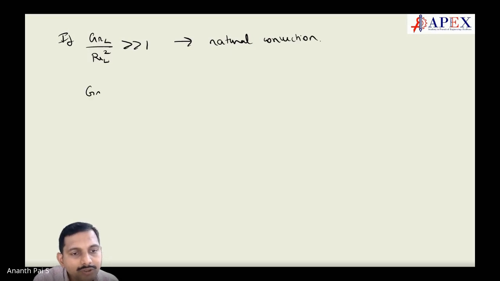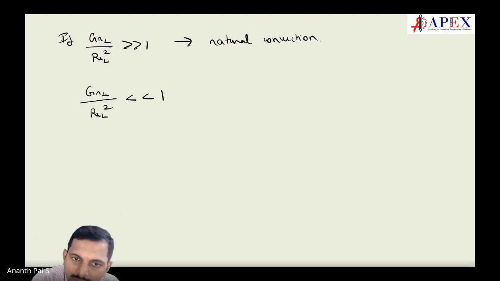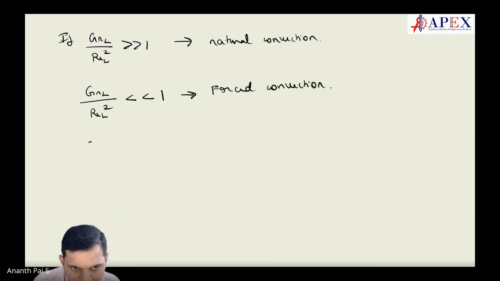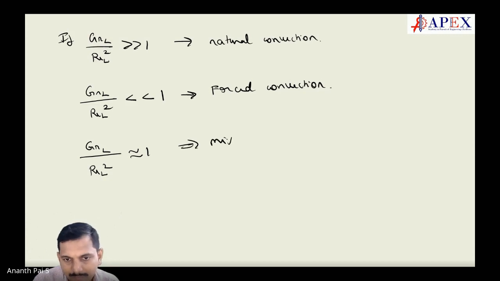If GR_L divided by RE_L square is much less than 1, then it is forced convection. And when GR_L divided by RE_L square is almost equal to 1, it is called mixed convection.